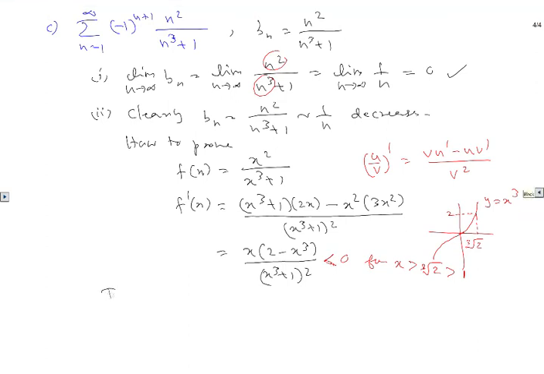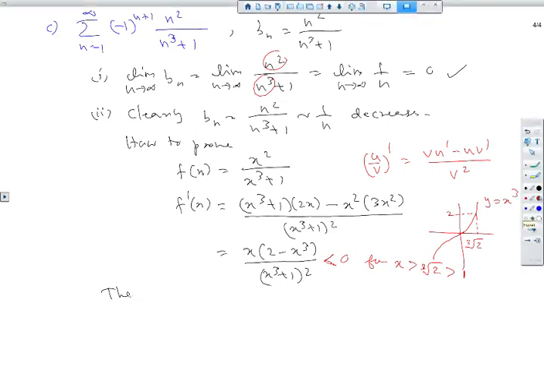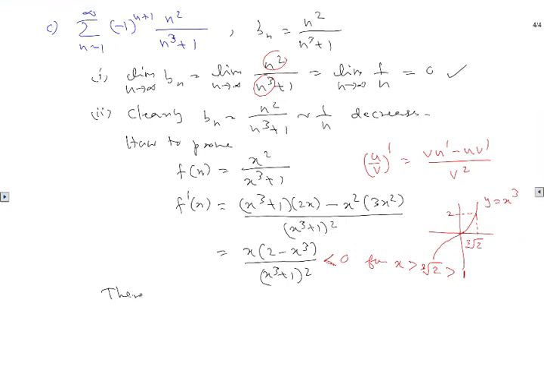So therefore, f prime of x is negative, hence Bn is decreasing for n greater than or equal to 2.